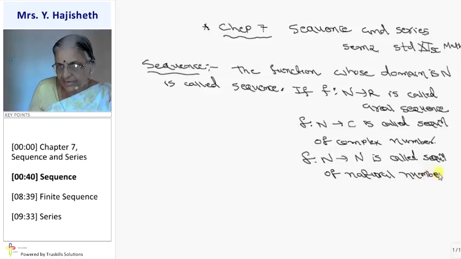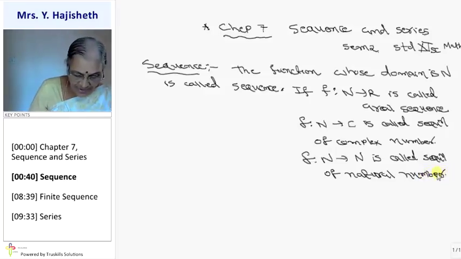When the domain is N, it is an infinite sequence, and when the domain is a subset of N starting from 1, then it is called a finite sequence. That you will learn later on.